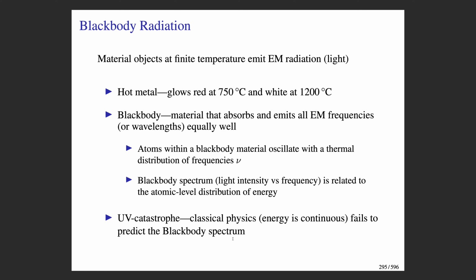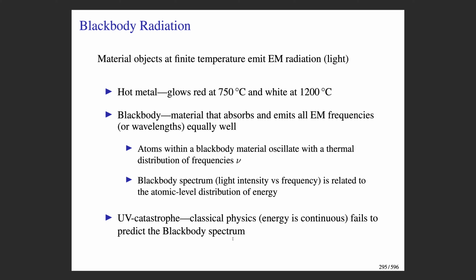The idea behind our understanding of blackbody radiation is that there are atoms within the material that are oscillating back and forth, okay? And the object itself is in equilibrium with some thermal bath.